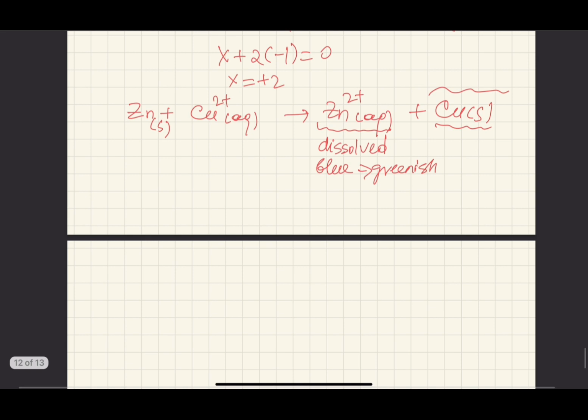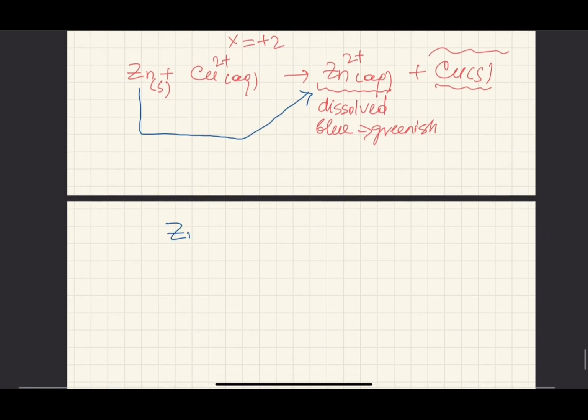Okay, so now that we have this reaction, let's write the half reactions. Do you guys remember? I said that I go from zinc 0 to zinc plus 2. I only look for changes. So I'm writing down the half reactions.